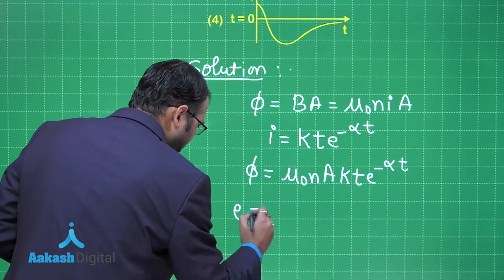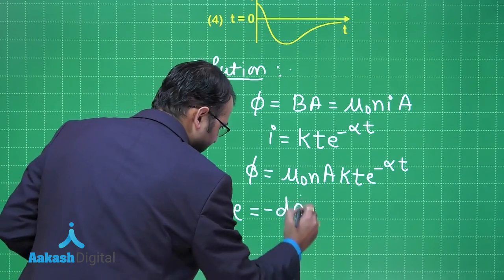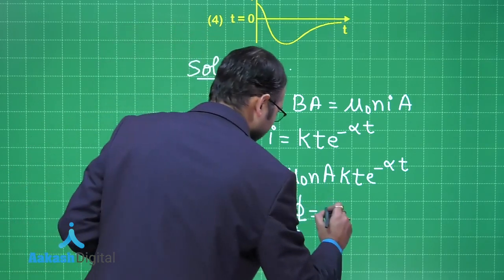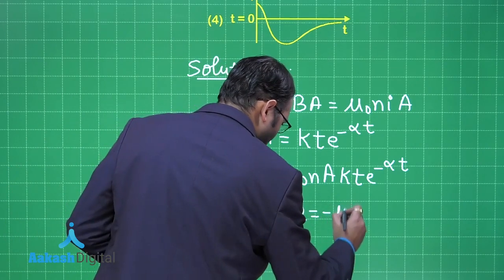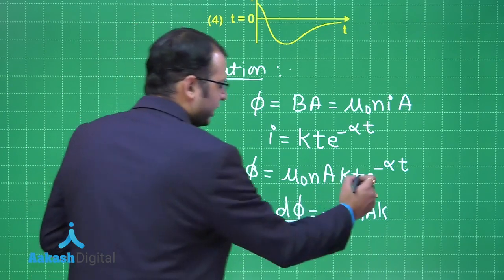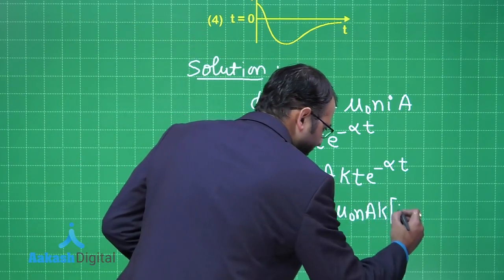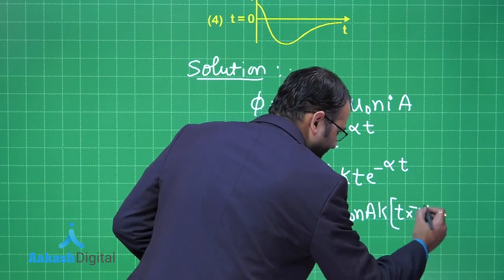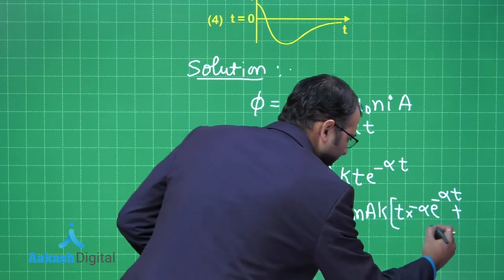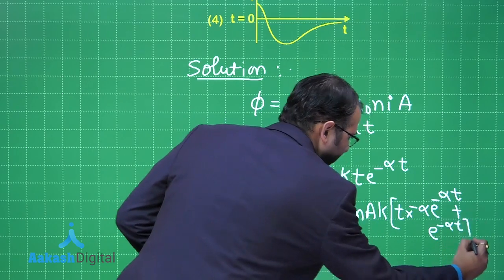So if I want to find the EMF, I will get it as minus of d phi by dt. On differentiating this, I will get minus mu naught N A K. They will come out as they are constants, and differentiating this you will get t into minus alpha e power minus alpha t plus e power minus alpha t, right?